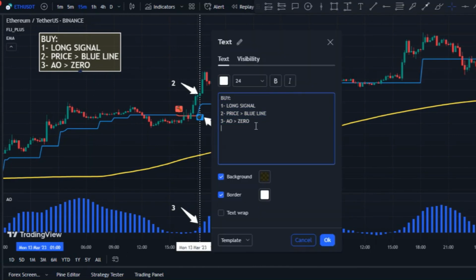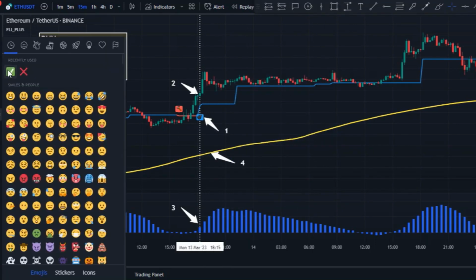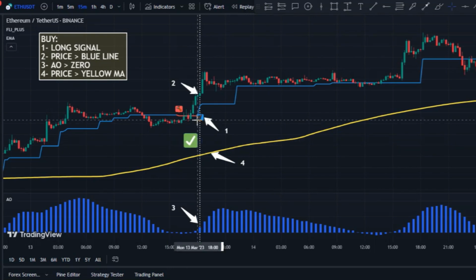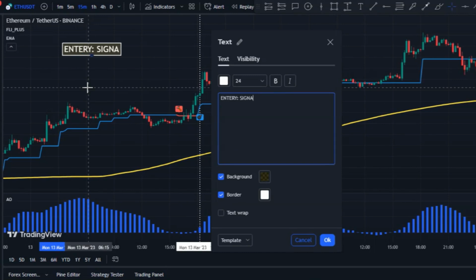And finally, confirm the entry by ensuring that the price action is above the yellow moving average line. So you can enter the trade at the close price of the trigger candle.